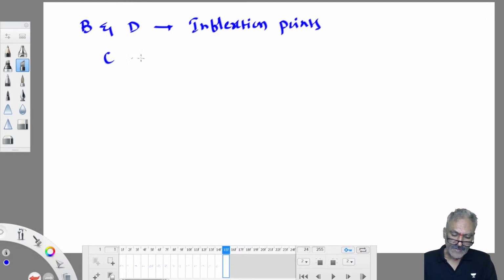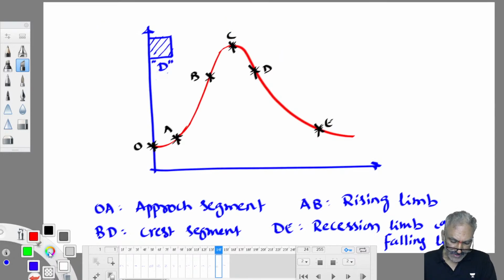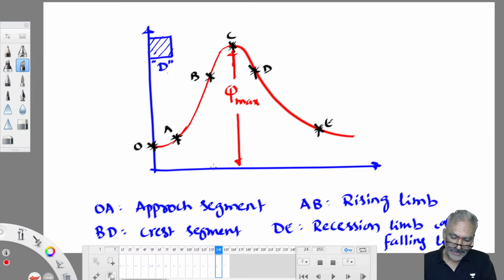Okay. And C is called peak point, that is where peak discharge occurs in a catchment, a river. This is Q max, maximum discharge, or QP, Q peak, peak discharge.